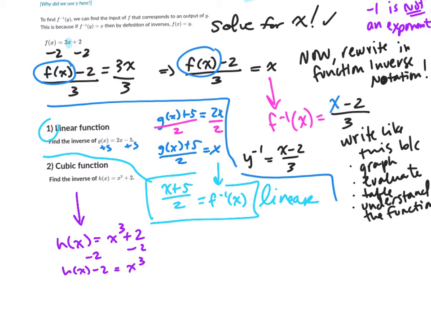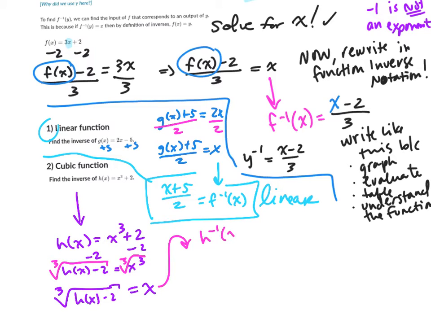We talked about how we undo a cube. We do a cube root, because that's the inverse operation. Shout out to the inverses. I'm going to rewrite it in purple, and then I'll move it over when I have. So I'm going to use h. Sorry, that's supposed to be G. My bad.